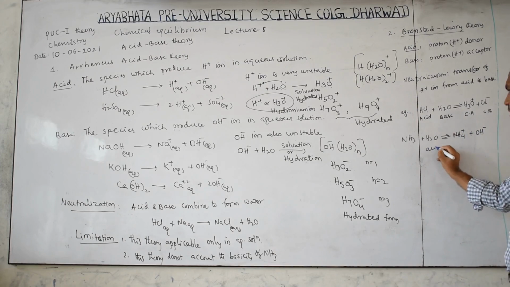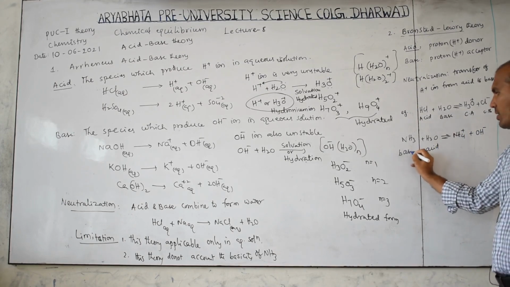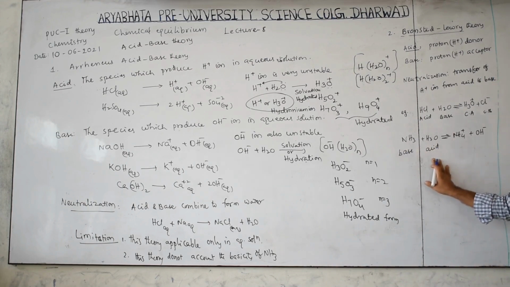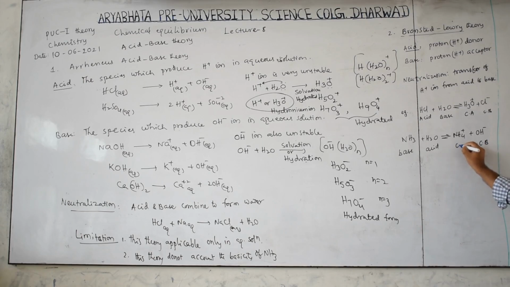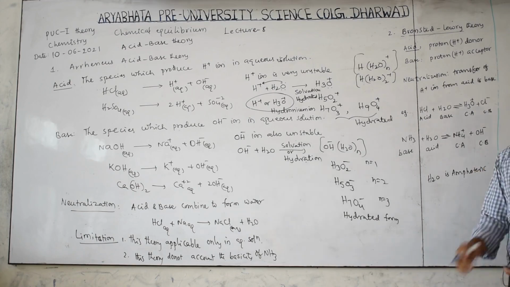Water, therefore water is the acid, and ammonia accepted, therefore it is the base. Acid gives conjugate base, and base gives conjugate acid. Now based on these two reactions, H2O acts as a base in one and as an acid in the other, therefore H2O is amphoteric in nature. Amphoteric means both acid and base nature.